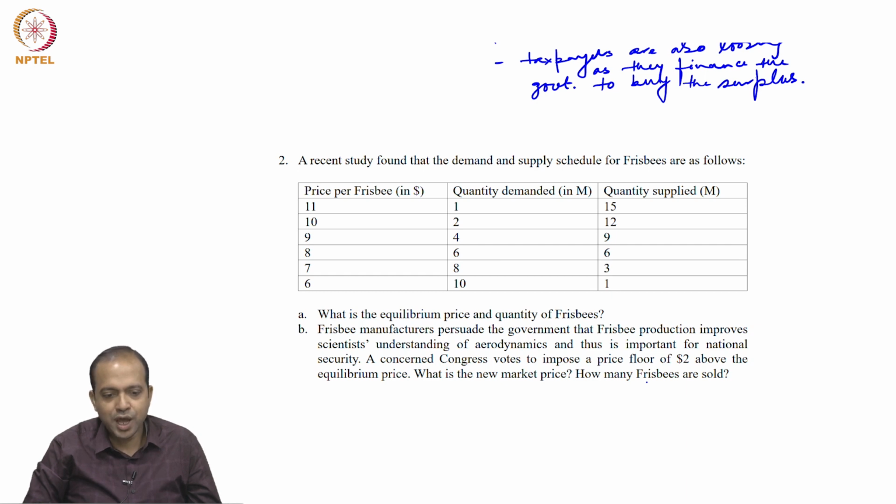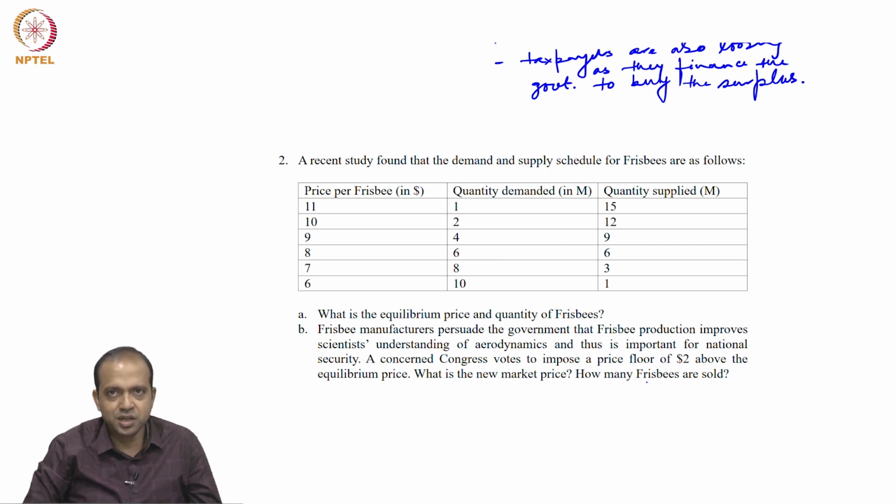So, here we have information on price per frisbee, quantity demanded in millions and quantity supplied in millions. For example, when price per frisbee is $11, quantity demanded is only 1,000,000, but supply is 15,000,000.